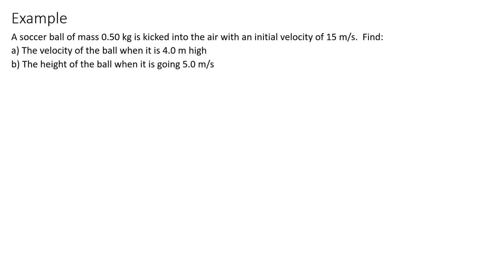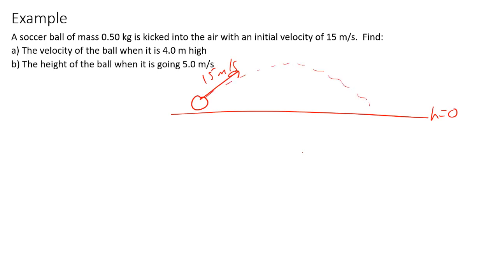Okay, what happens if we have a soccer ball? So soccer ball, we're given its mass, it's kicked through the air. So this is a situation where we've got a soccer ball being kicked with a speed of 15 meters per second. Okay, we're going to call our reference point of 0 the ground. So this thing will have a trajectory that'll look something like so.